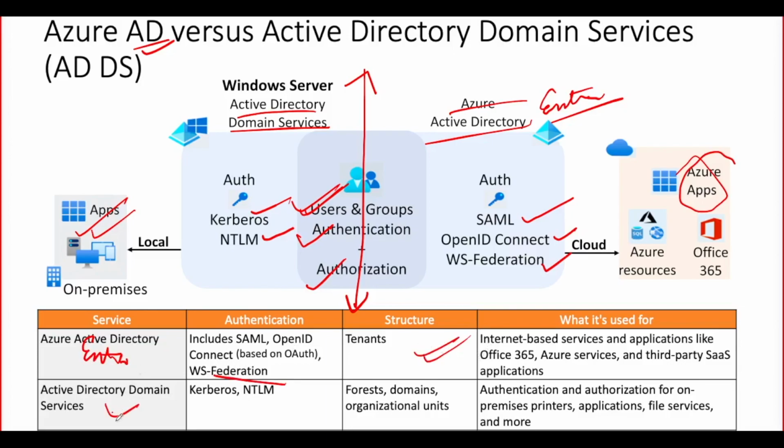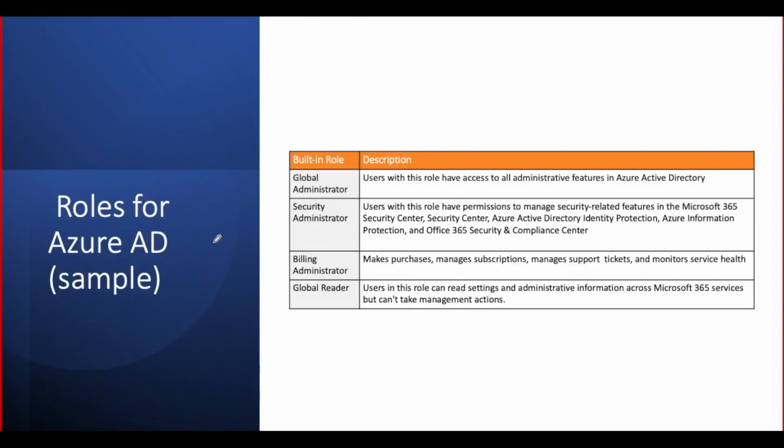But when you compare with on-prem, which is Active Directory Domain Services, there we have Kerberos and NTLM, and a forest-like structure. So authentication and authorization for on-premises printers, applications, file services and more can be done from the on-prem end by ADDS. Now let's talk about roles.